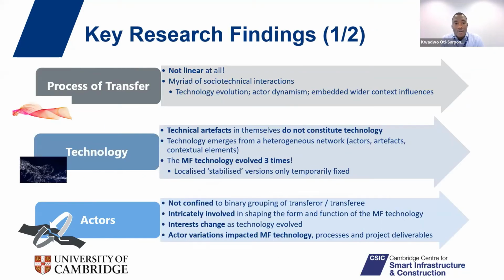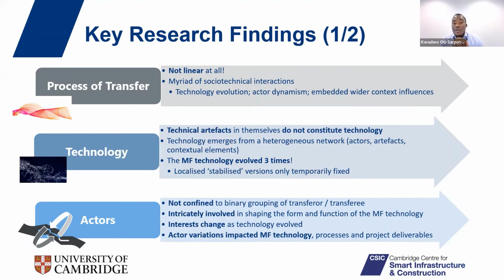Going into the detail of the findings, the study showed that the process of transfer, as thought of, is not linear at all. It consists of a myriad of socio-technical interactions, and these can be broken down into the evolution of the technology itself, changes among actors, and changes in wider context influences.